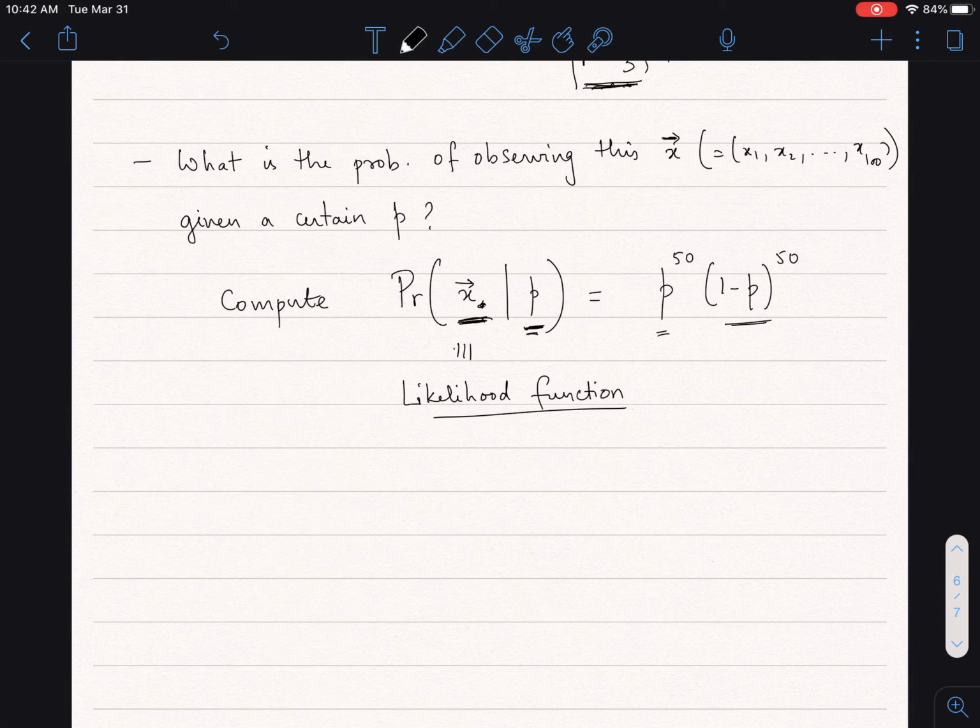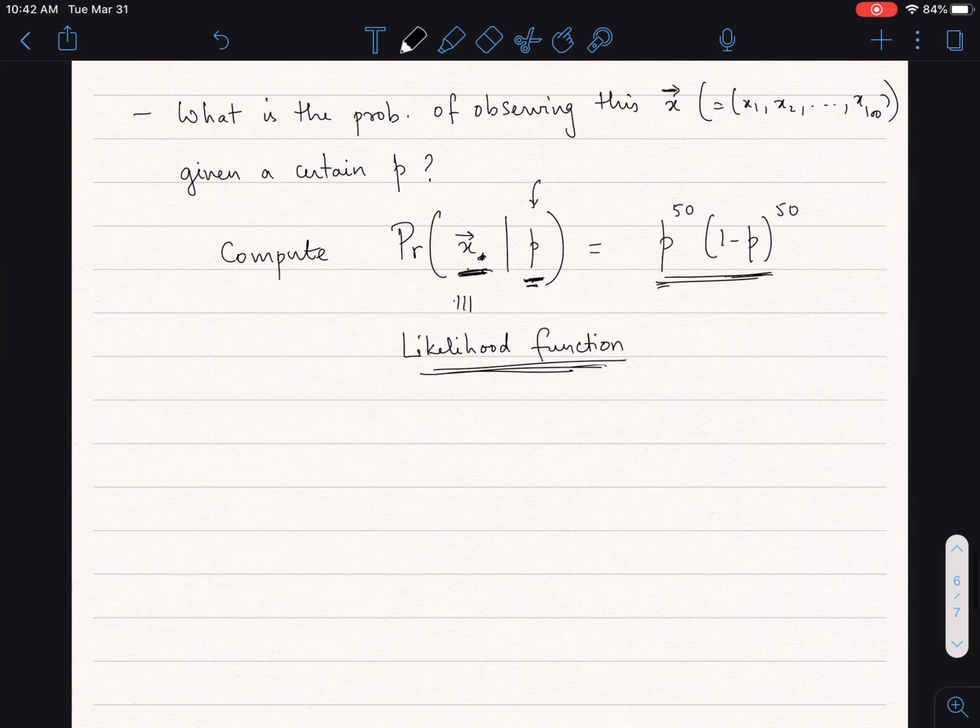In this case there's only one parameter for a coin toss, which is the bias, and the probability of x given p is called the likelihood function. Given my observations x, which are 50 heads and 50 tails, this is my likelihood function. Let's call it L of p, just to give it some name, and it's a function only of p, as you will realize.